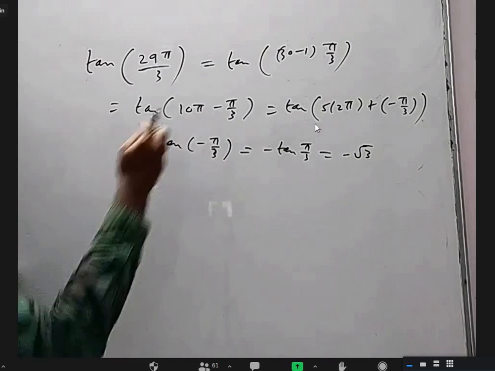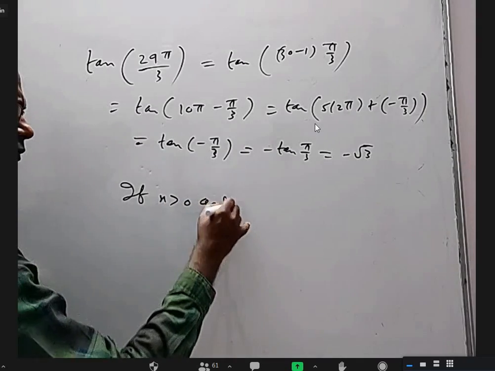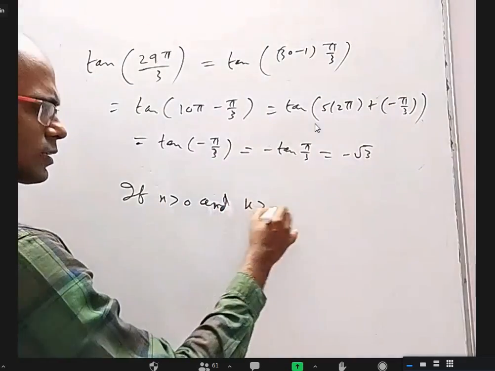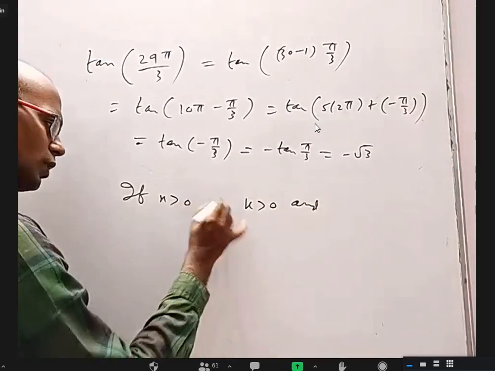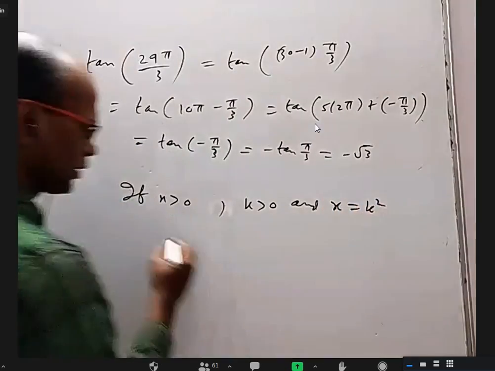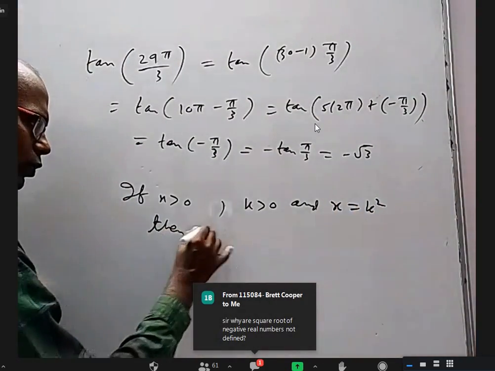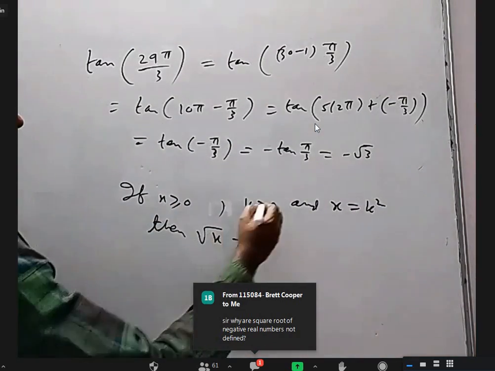We define: if x is greater than 0, and k is greater than 0, and x is equal to k square, then root x is equal to k. This is our definition. You can even put greater than or equal to, not an issue.